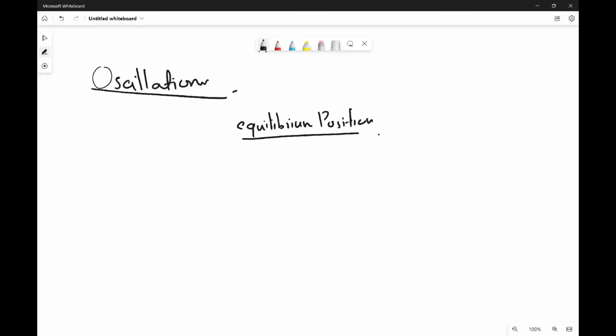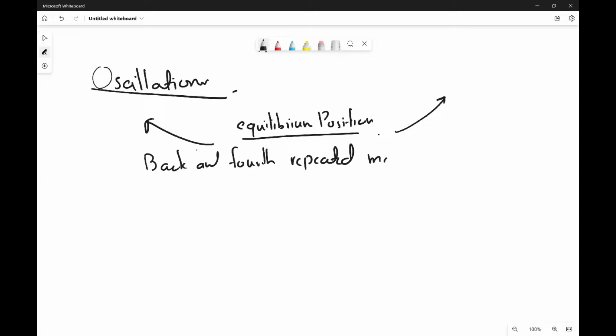And then if an object moves on the left and the right side of the equilibrium position, back and forth repeatedly, this is known as oscillations. Back and forth repeated motion on either side of the equilibrium position.